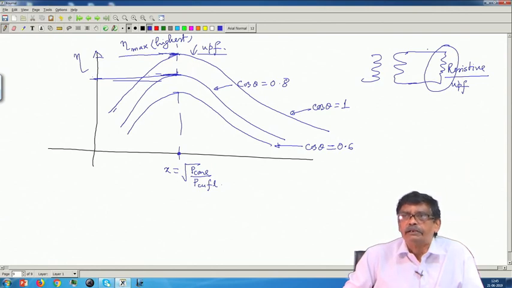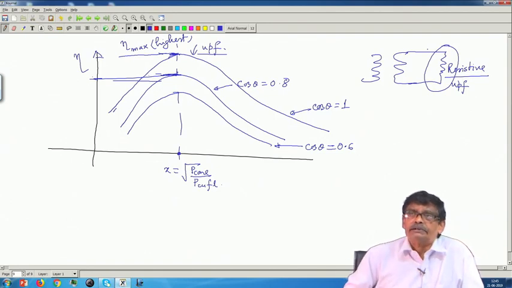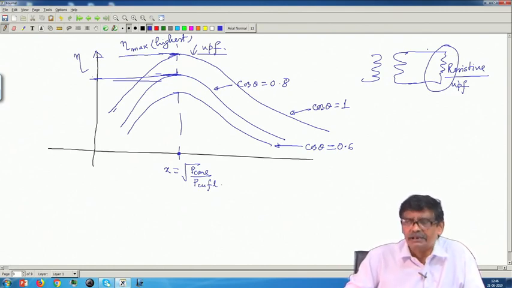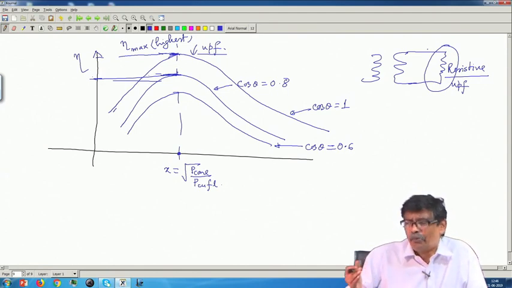You must be knowing that the load power factor, people try to maintain it at say 0.8, which is a good number. You connect RL load, this that load, but try to see the power factor is close to unity, but at least 0.8.